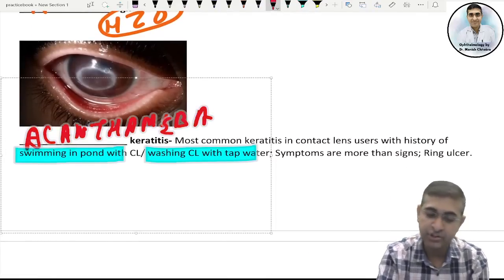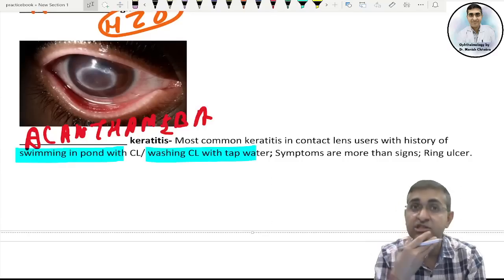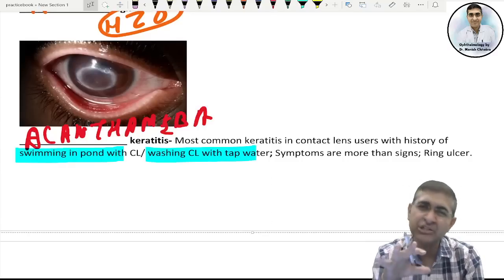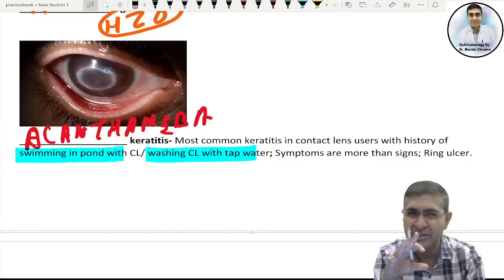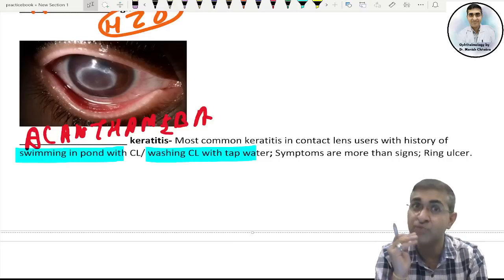Yes, and you can appreciate that this is a ring ulcer, and you will say, okay, there is central clearing, so the patient will be relatively comfortable. No, symptoms are more than signs. It is very painful because of the involvement of the subepithelial nerves.